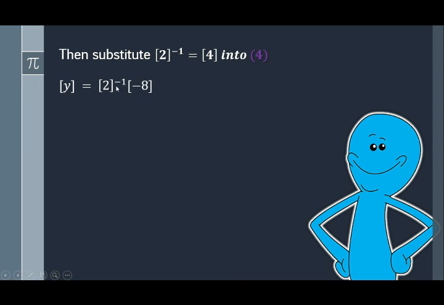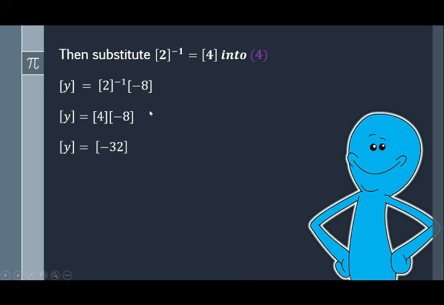So instead of the inverse, we substitute the congruence class of 4, and this would give us the congruence class of 4 times −8, which gives the congruence class of −32.